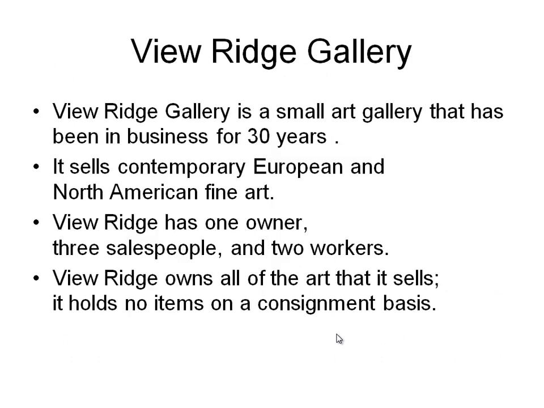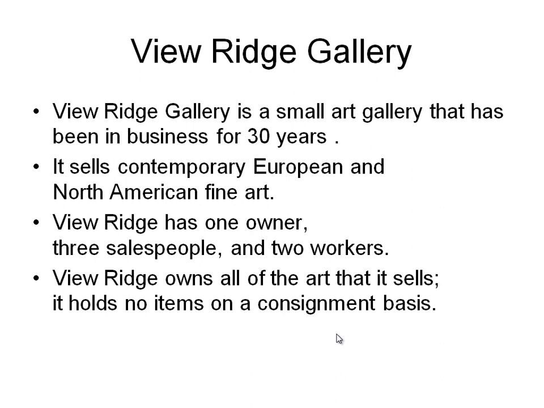To understand more, we are going to go through the View Ridge Gallery example, which is stated in the book. You have it in the book, and it has more explanation, more tables. In the gallery, they are talking about a small art gallery that has been in business for the past 30 years.